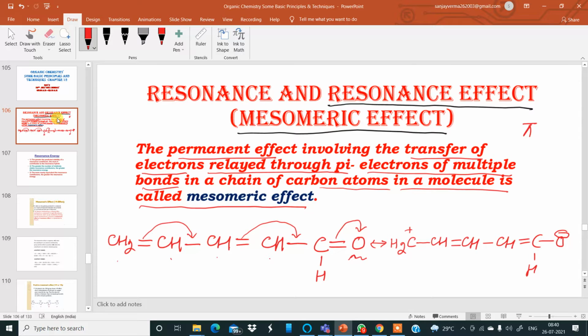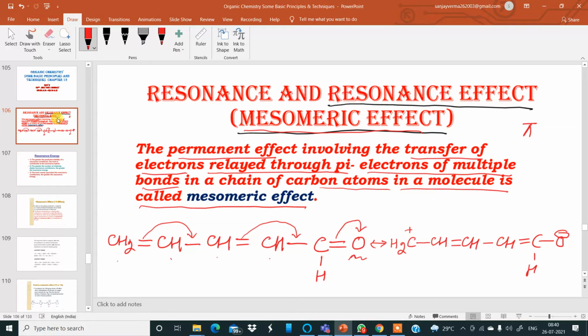Resonance is already clear to you. This is also delocalization of electrons permanently, and the effect is called the mesomeric effect. You should remember that this mesomeric effect is a permanent effect and comes into existence in the following two cases.